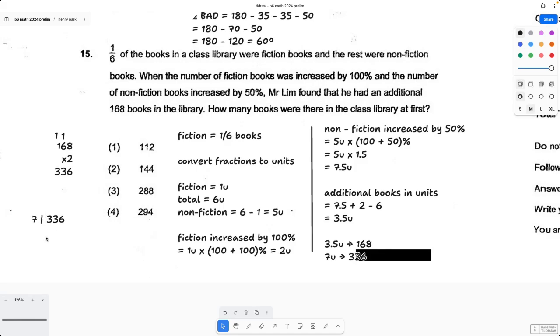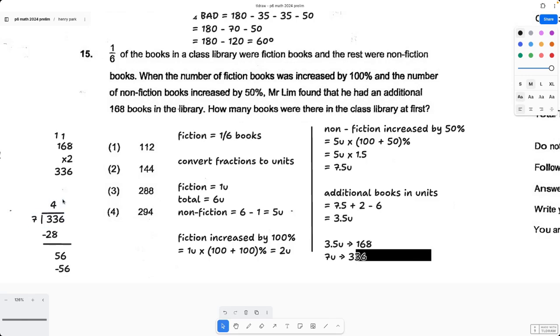Over here we can minus, what is this, 21, 28, 35. So 28. So 7 over here will be 4. Then after that this will then be 56, and then minus 56.